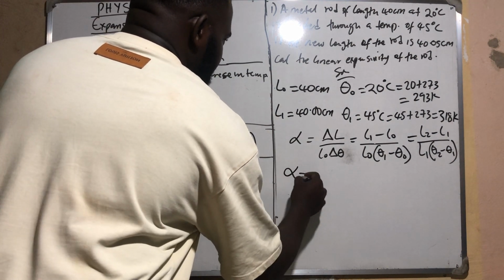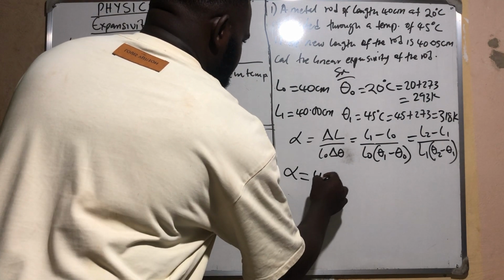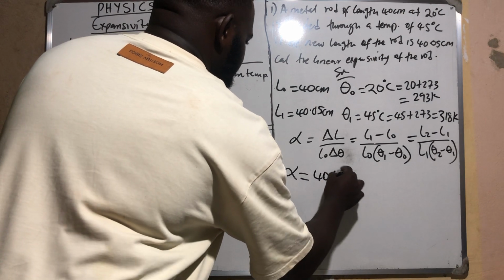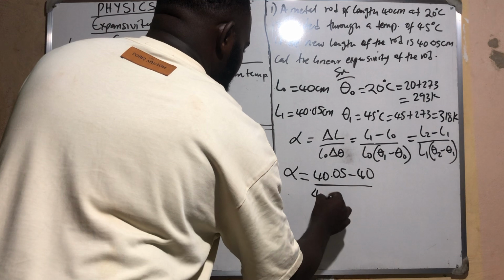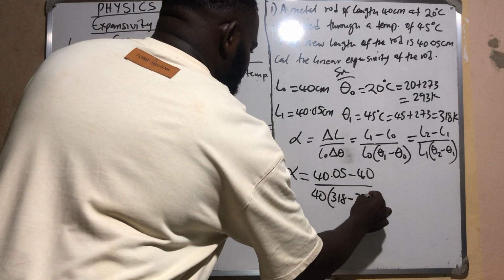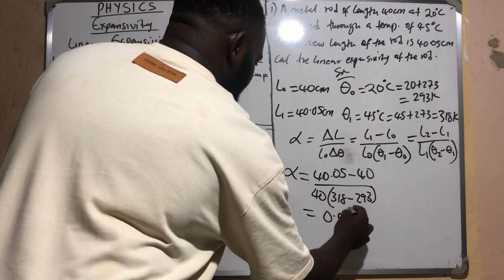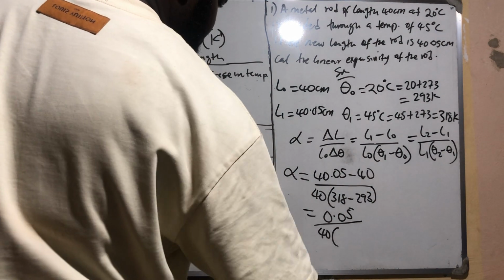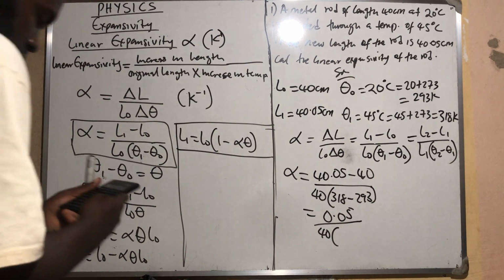So my linear expansivity will now be my L1, which is 40.05, minus 40 itself, all over that same 40, in bracket of 318 minus 293. So what do we have? 0.05 all over 40 in bracket of 25.